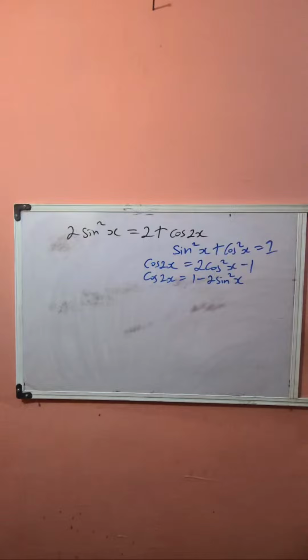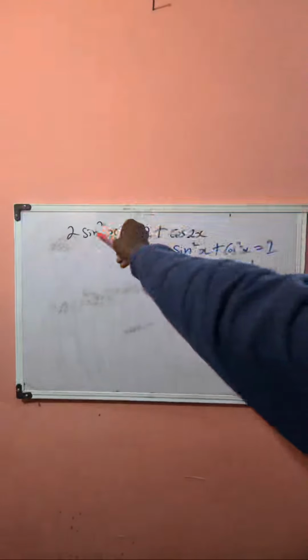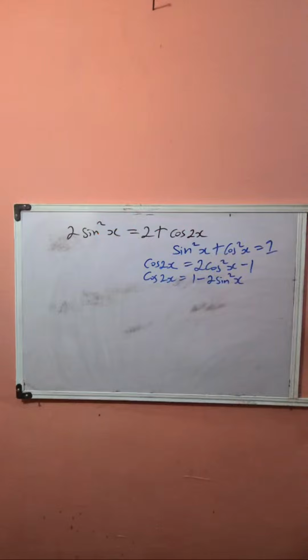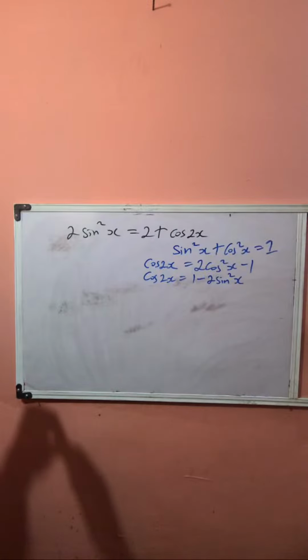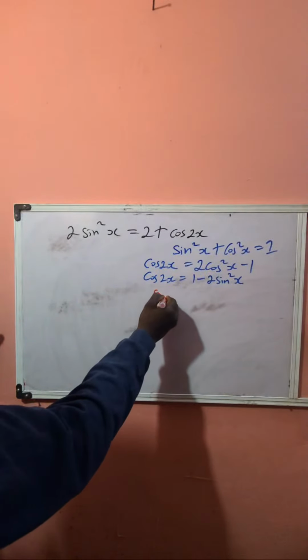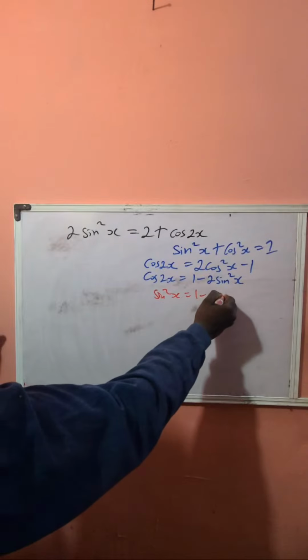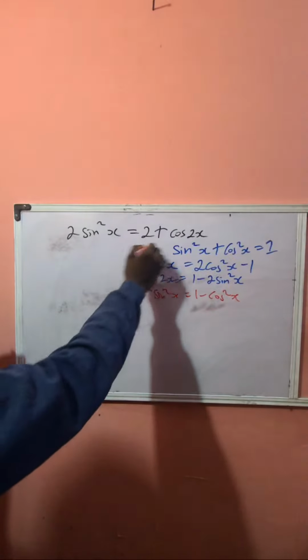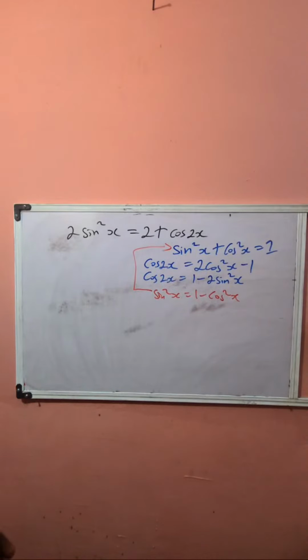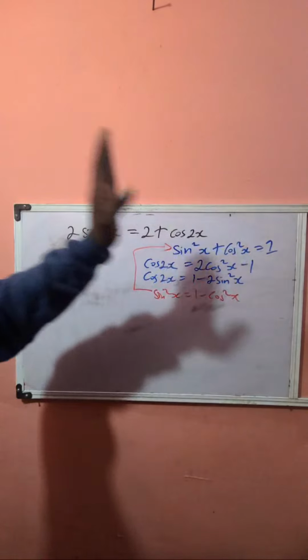Now we have cos and we have sine. This is not good. We want to bring this to just one. So how do we bring this to just one? What we have to do is to tell ourselves the identities we want to use. I can decide to take sine square x to be equals to 1 minus cos square x from this particular identity, because this is an identity which you should know.